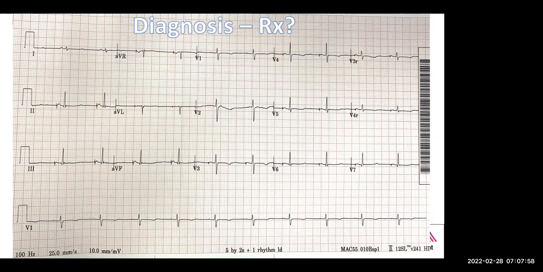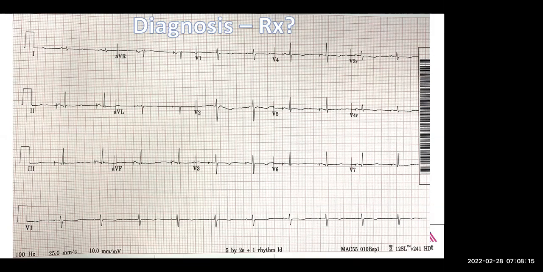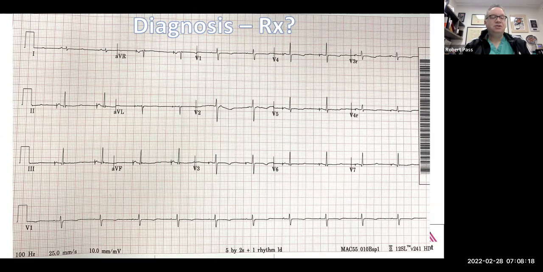And I'll calculate the QT real quick. One of the nice things about calculating QTs is that at a heart rate of 60, the measured QT is typically equal to the corrected QT. Oh, yeah, that's a good rule of thumb. It's largely true.